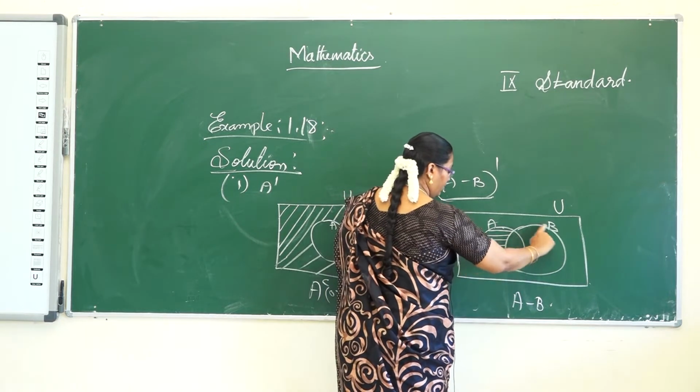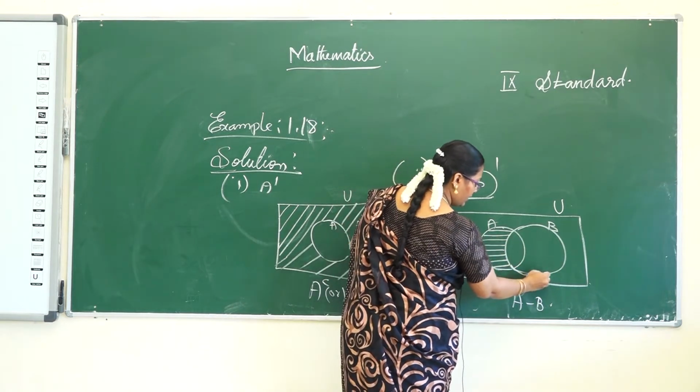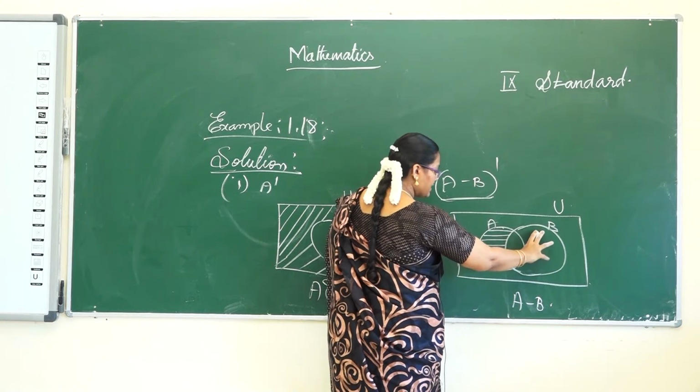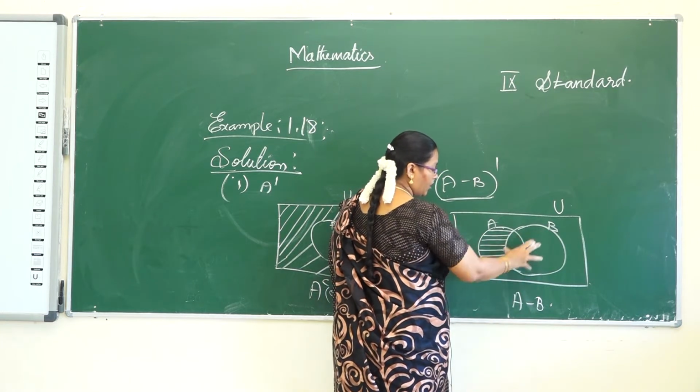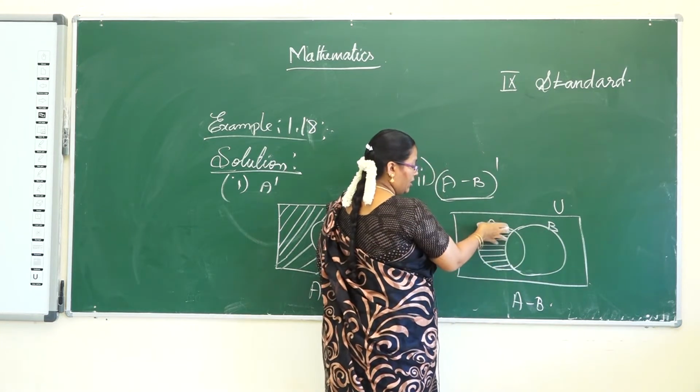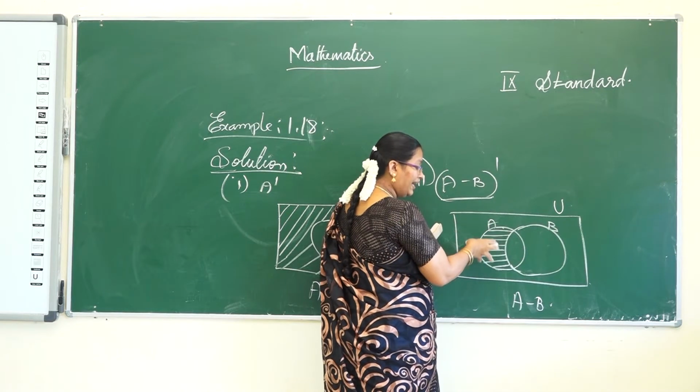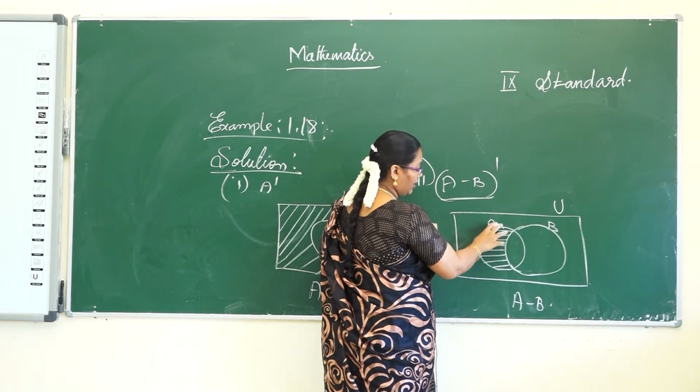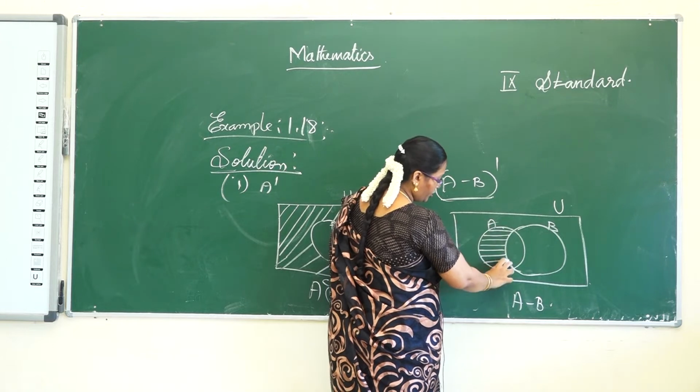B is fully excluded, so except B, it contains only the elements in set A only. So only this portion is shaded.